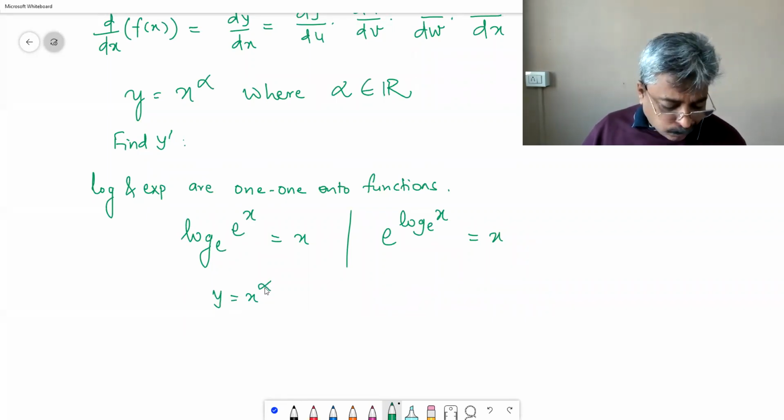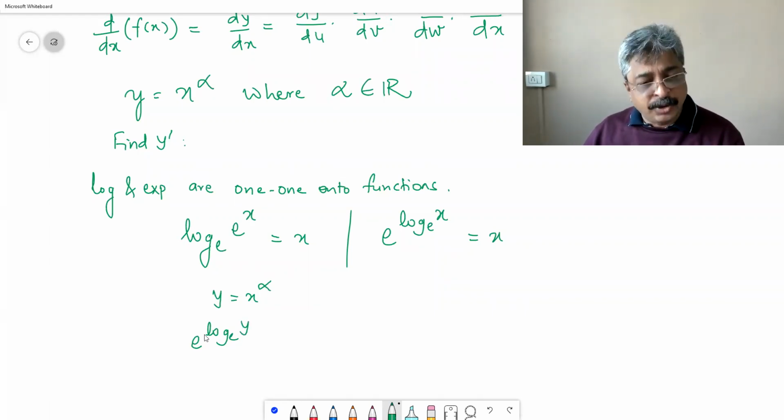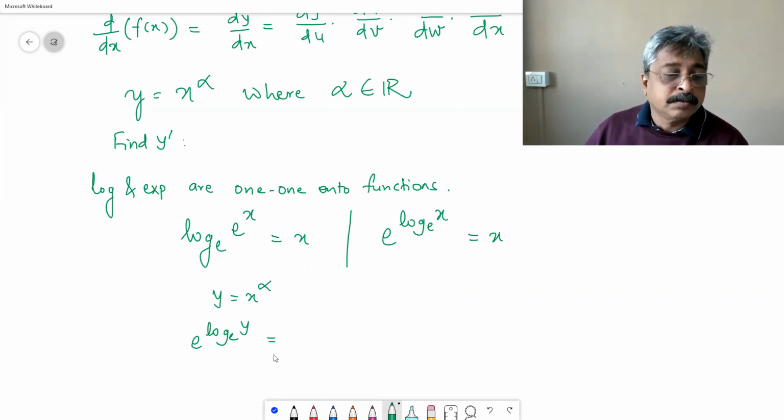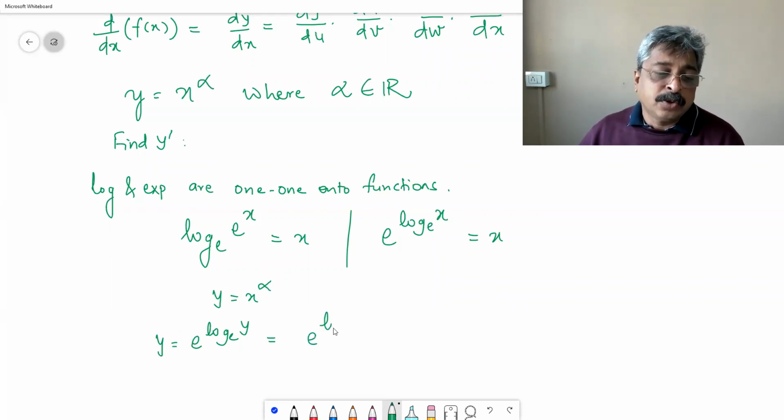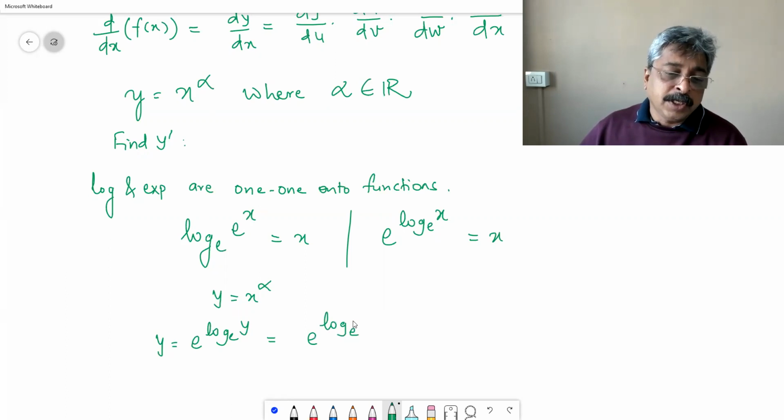Therefore we say e raised to log to the base e y, which is actually y, is equal to e raised to log to the base e of x raised to alpha.